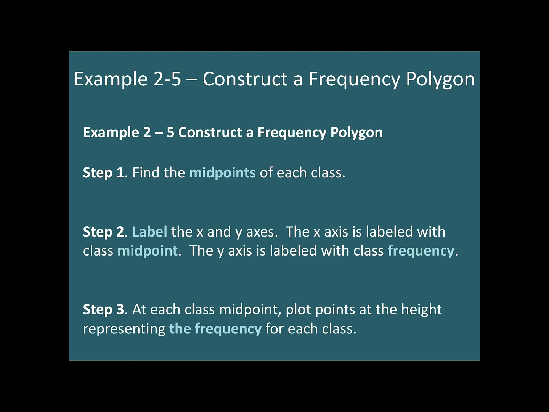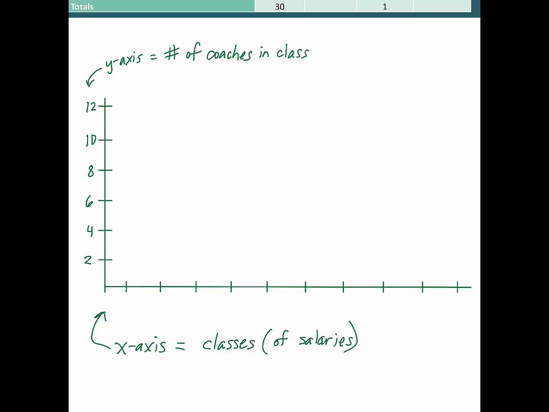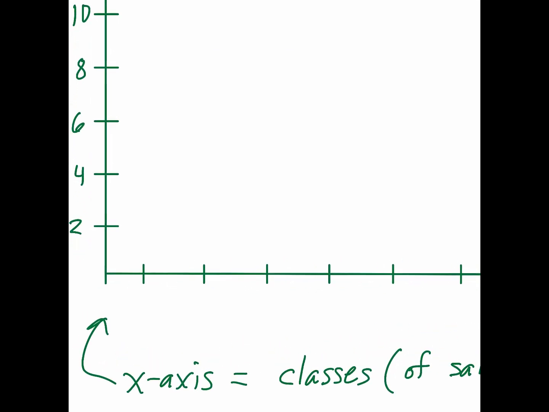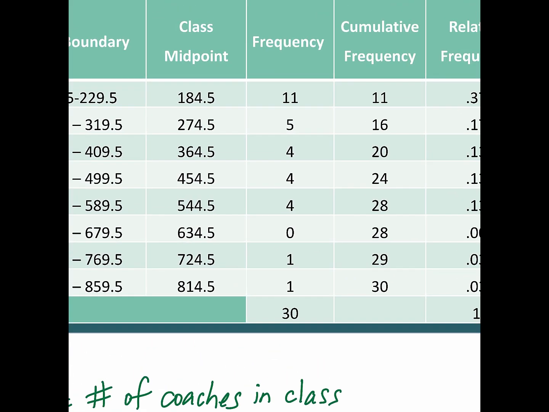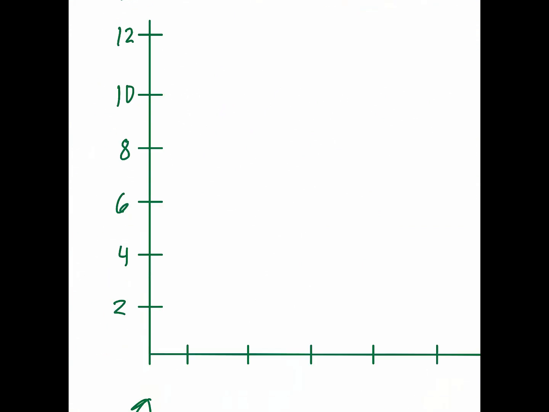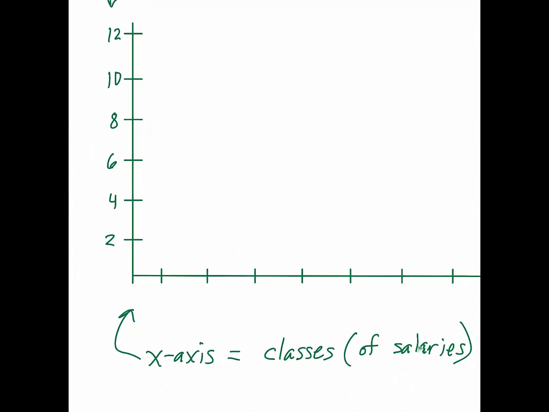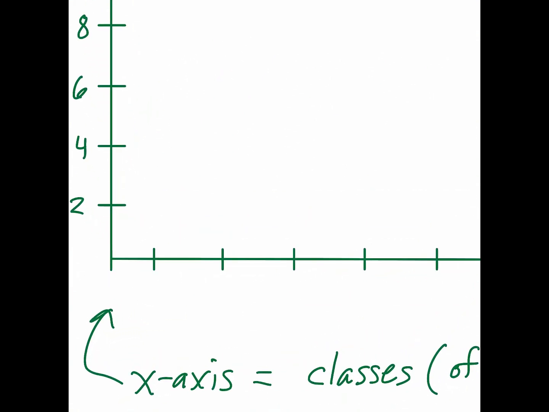So let's go ahead and sketch one of these. I'm going to start with similar looking XY axes. You'll notice that my X and Y axes actually have the same definitions. We're just going to use different points as the tick marks at the bottom of the X axis, starting with the first midpoint, 184.5. Where I place it might be a little strange at first, but it makes sense after I finish the frequency polygon. We're going to start by placing it here.